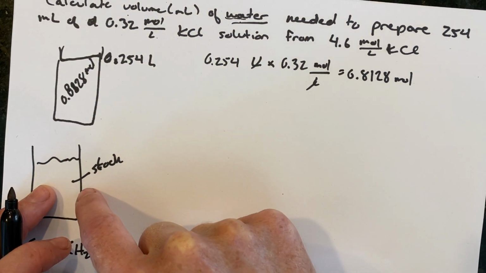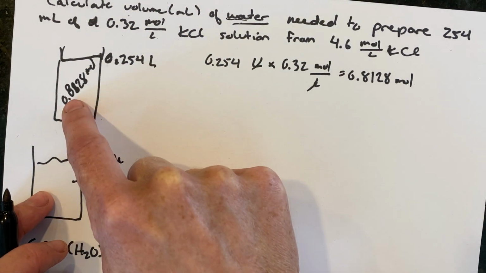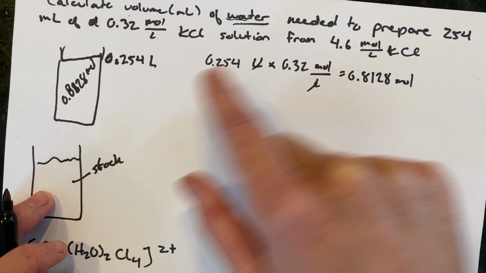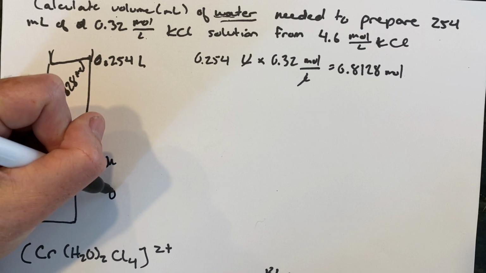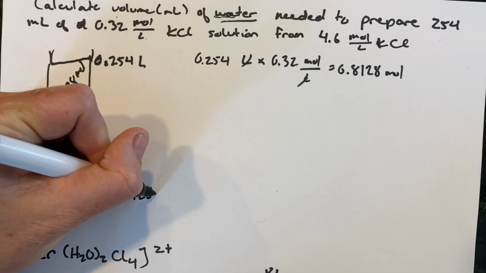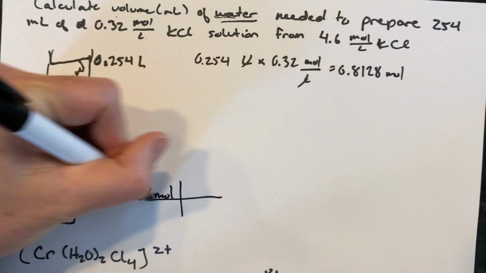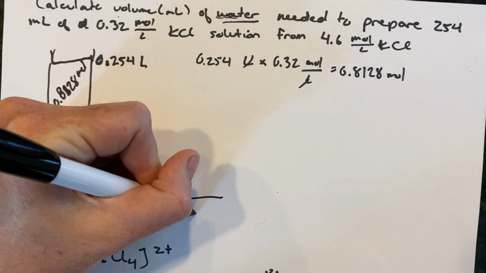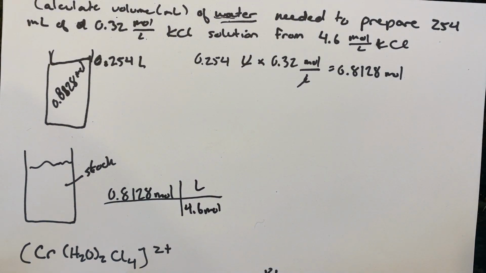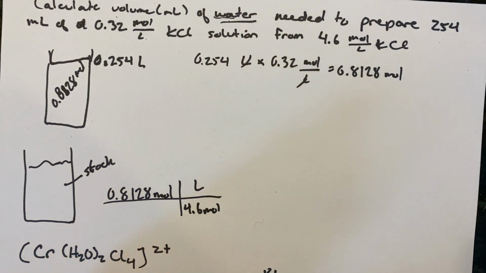So what we need to do is figure out how much of this would contain that 0.08128 mole. So what we have to do is say, okay, we need 0.08128 mole. And we know that in this solution, there's 4.6 mole per liter. So I'm going to divide this 0.08128 by 4.6.